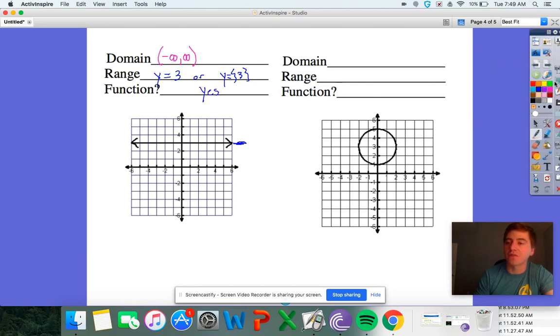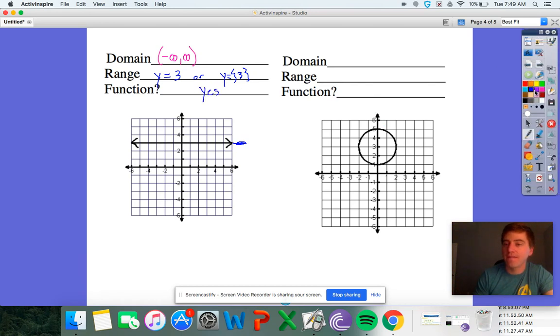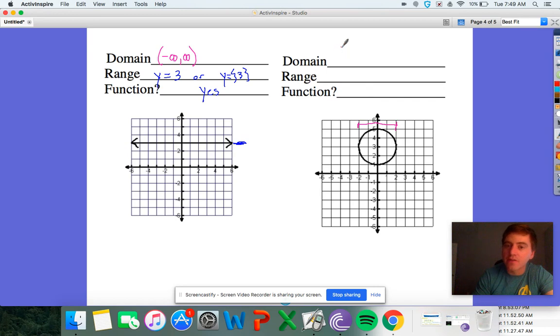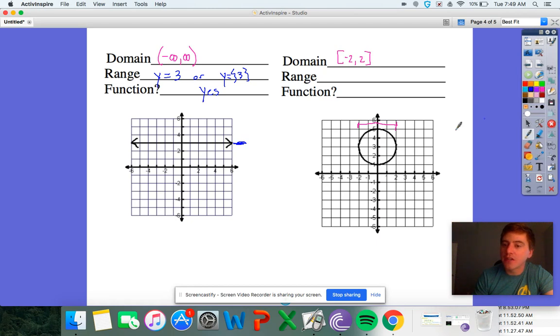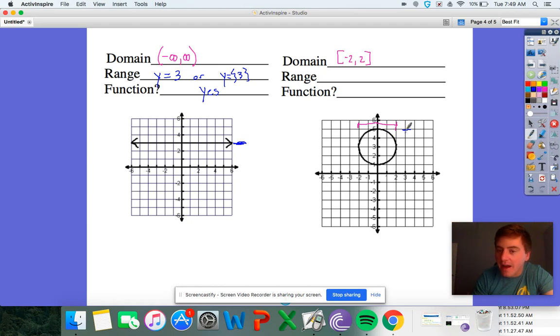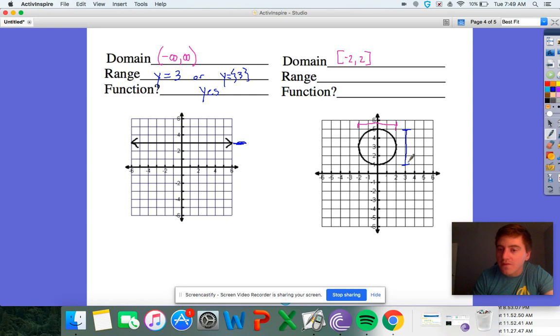That is a function as well. Domain here, -2 to 2, both included. Range here looks like 1 to 5, both included.